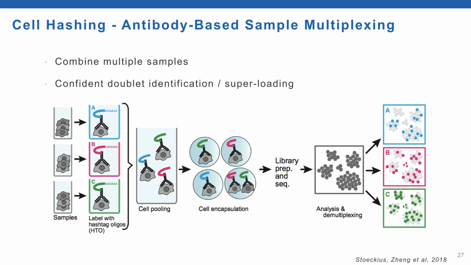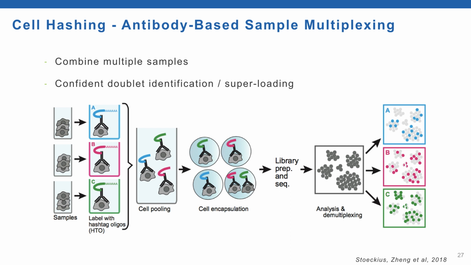If you see the signature of having two different types of cells sharing one same cell barcode, then you can be confident it's a doublet and you can discard that from your analysis. So partly inspired by Jimmy's work, but also realizing that this type of approach using an exogenous tag has been done especially in CyTOF with CD45 barcoding, we decided to do the same thing using our oligo-labeled antibodies.